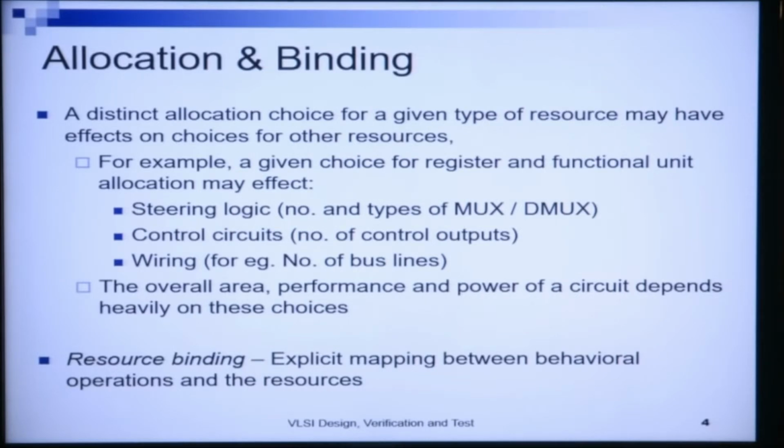Each multiplier, say multiplier 1 is an instance of a resource, multiplier 2 is an instance of a resource, and each resource instance, multiplier 1, let us say, will be mapped to a number of behavioral operations at different times. Now, resource binding is therefore the explicit mapping between these behavioral operations and resource instances.